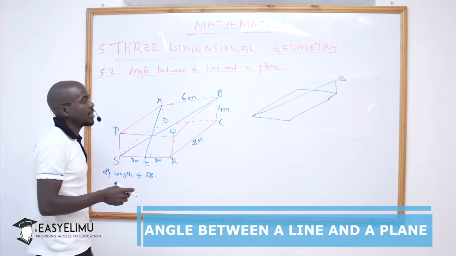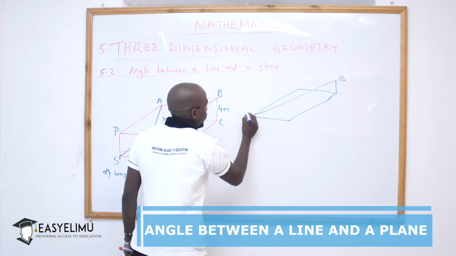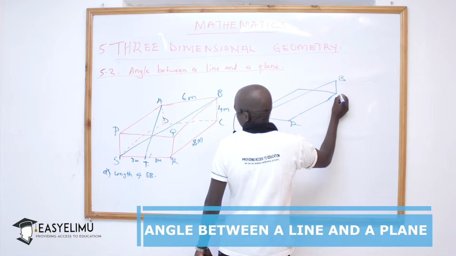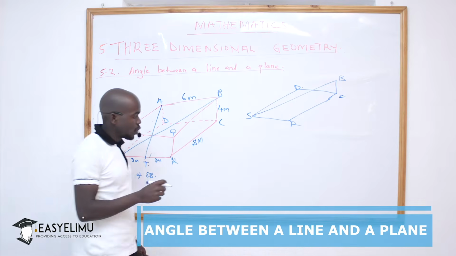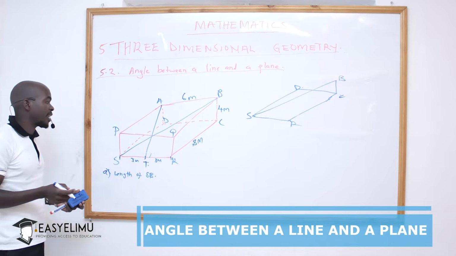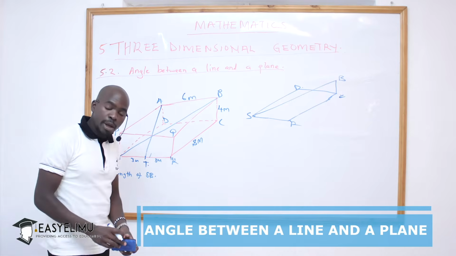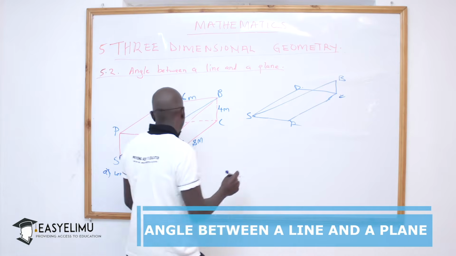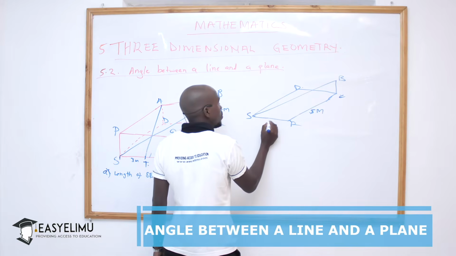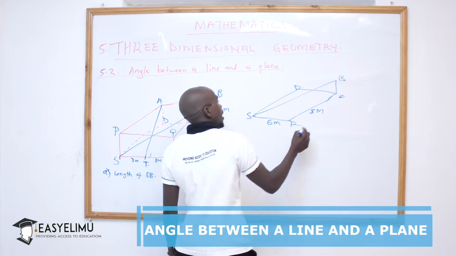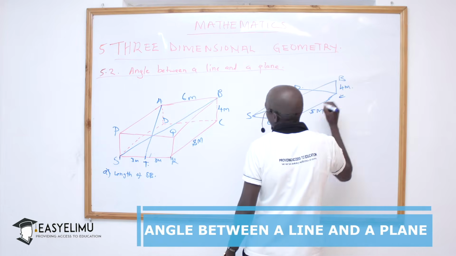So we need that this is SB and this is SRCD. That is a plane which is in the form of a rectangle. The base plane, with the length being 8 meters, the width being 6 meters, and the height here 4 meters.